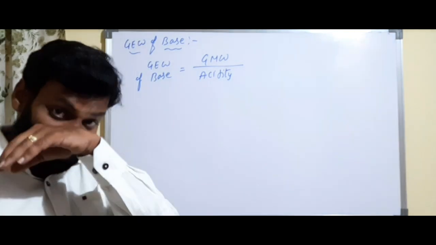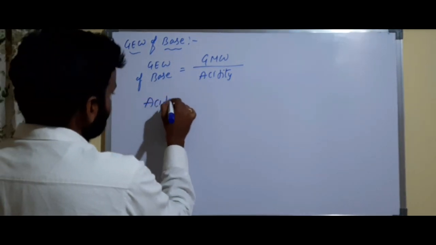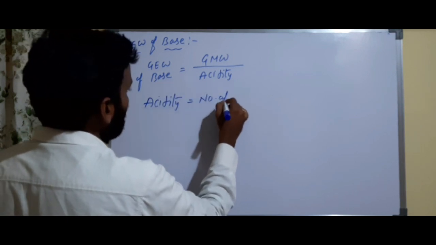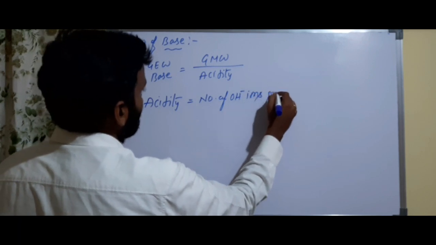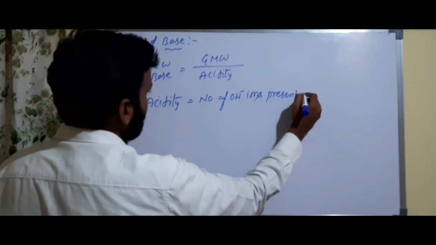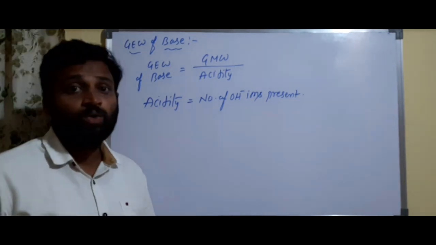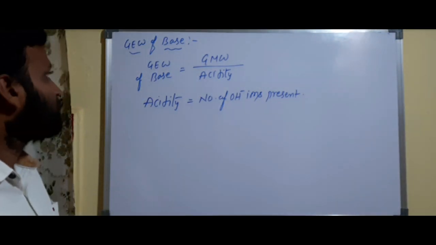What is acidity? Acidity means the number of OH minus ions present. What is acidity, sir? Number of hydroxide ions.